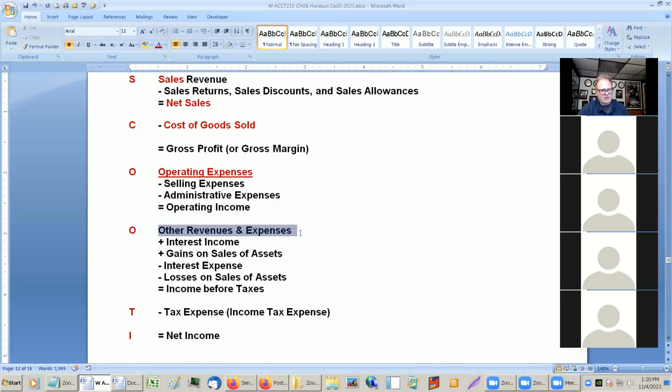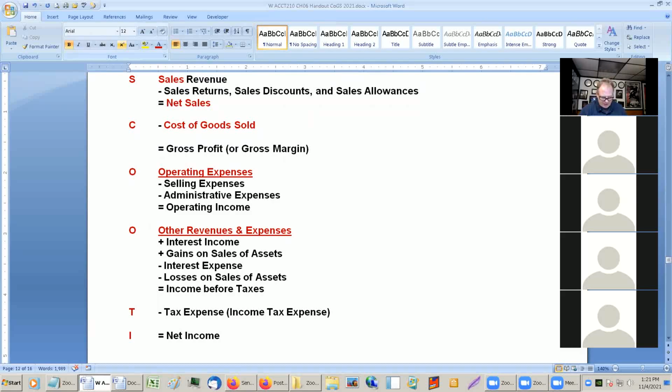And we'll split between these two of the next. The second O, confusingly, is other revenues, expenses. Okay, now you may be wondering, what's the difference here?